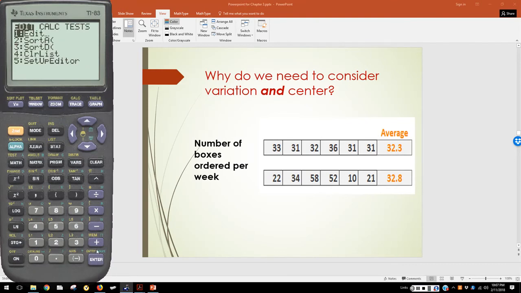So we go back to the stat and go to edit, and in list 4 I'm going to enter manager A. And in list 5, I'm going to enter the orders for manager B. And now we'll calculate the one variable statistics for both managers.